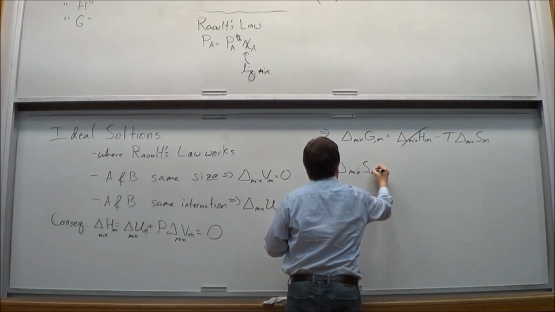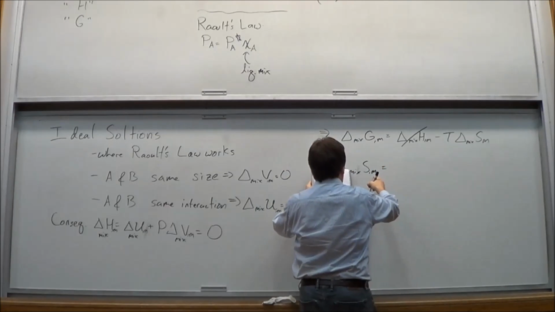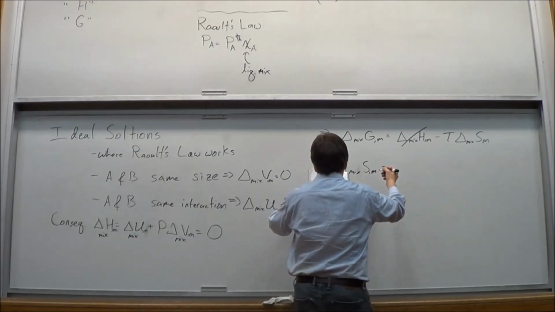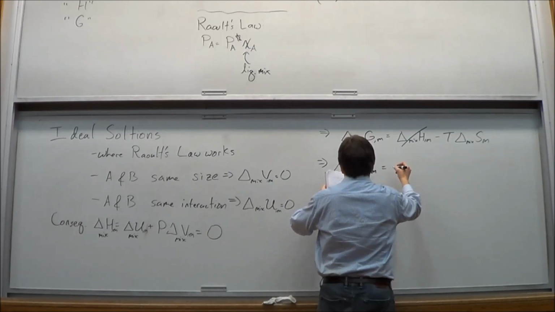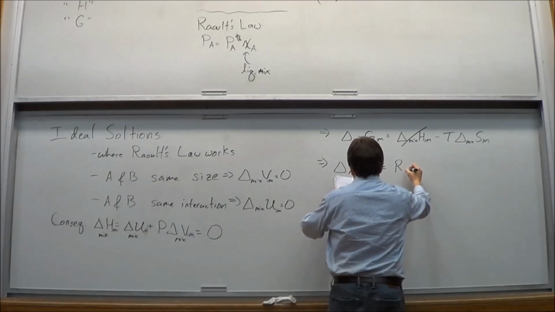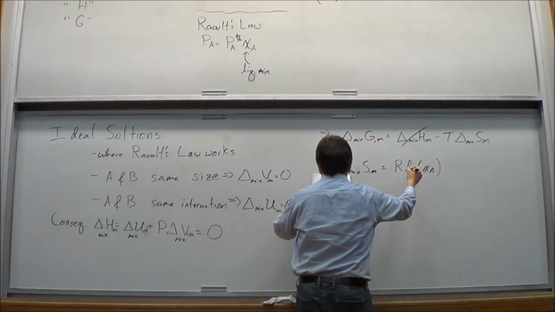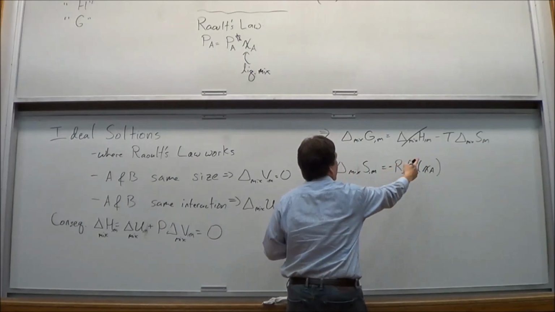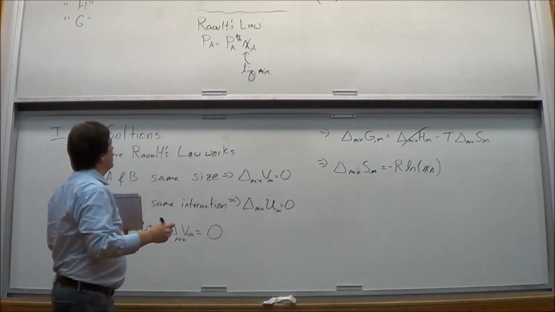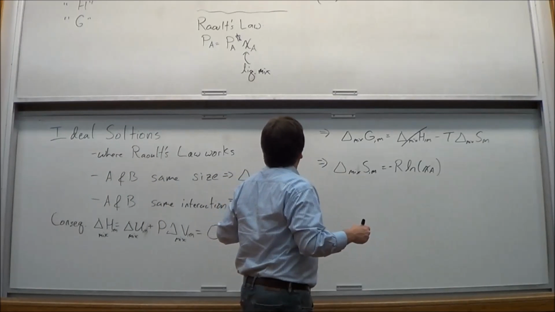Why do we use the letter N for mole? I've never understood that. That would be R, ln chi A. In fact, there's a minus sign, right? Minus sign. And so basically what I'm doing is I'm taking delta G, which is defined above, and I'm just dividing by minus R.